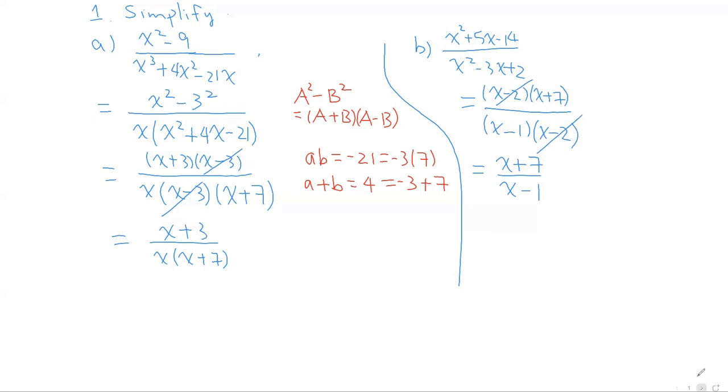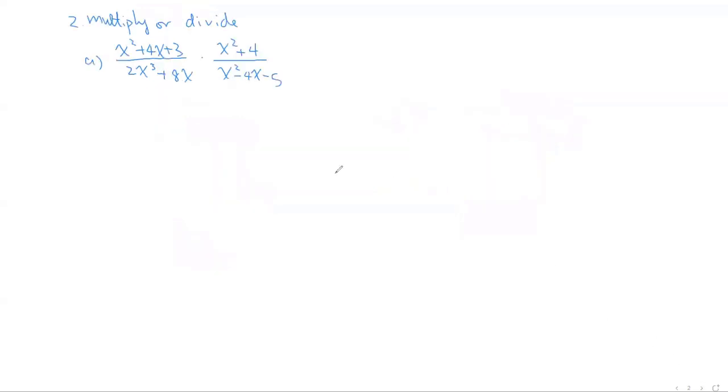From here, you can see that if we have the product of two fractions, we can factor, then cancel common factors. We don't distribute here. For the first numerator, you have x squared plus 4x plus 3.